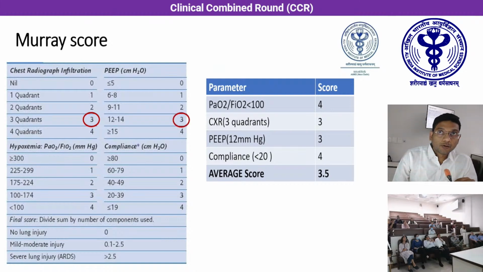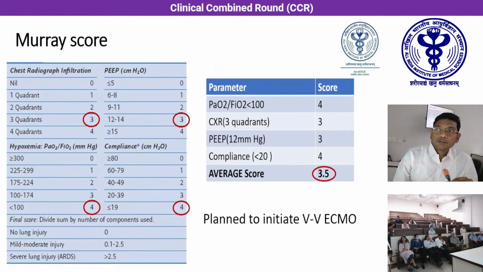Her PEEP requirement was persistently between 12 to 14. Her P/F ratio was persistently less than 100 despite 2 proning sessions, and her compliance was less than 20. So her average Murray score was 3.5. So we planned to initiate venovenous ECMO in view of persistent refractory failure due to ARDS, which is not responding to conventional therapy.